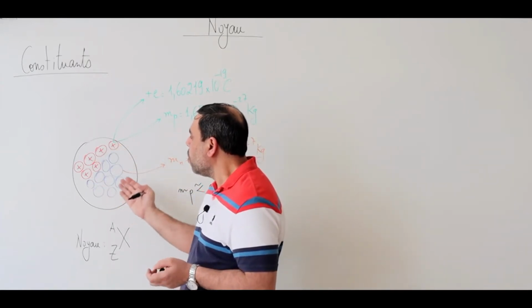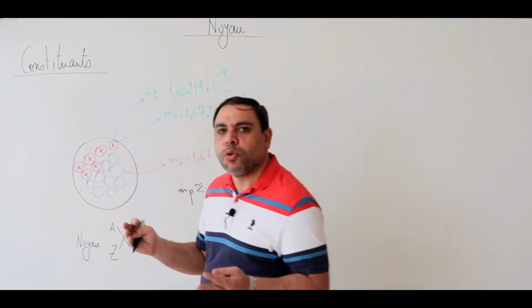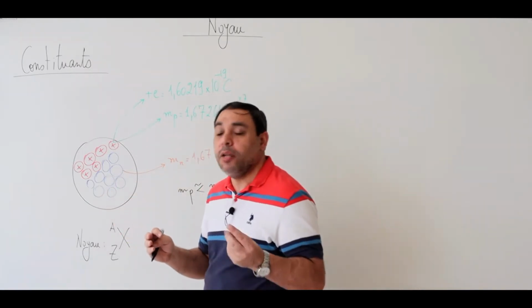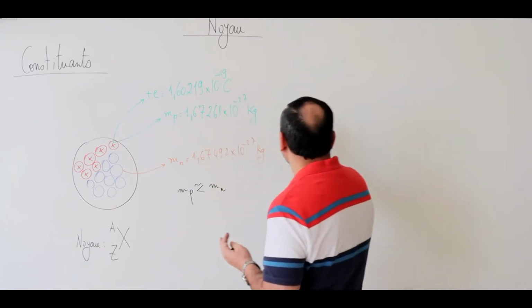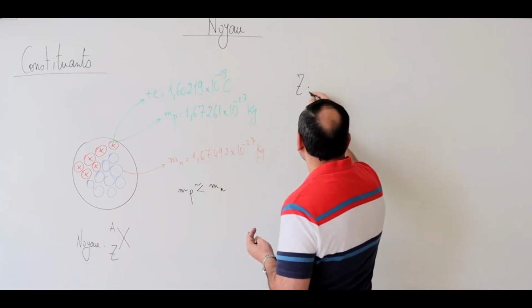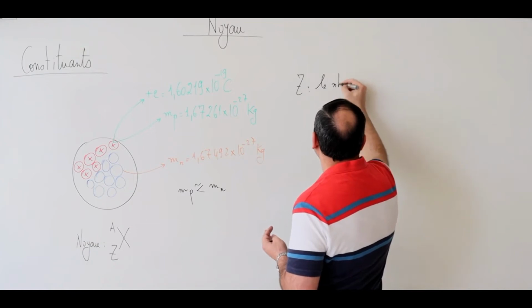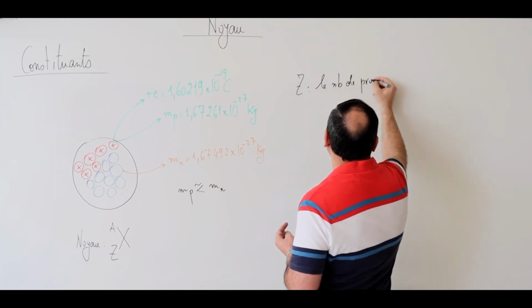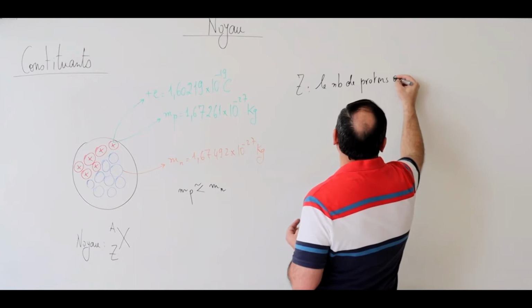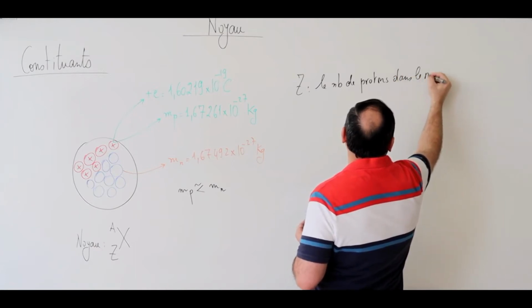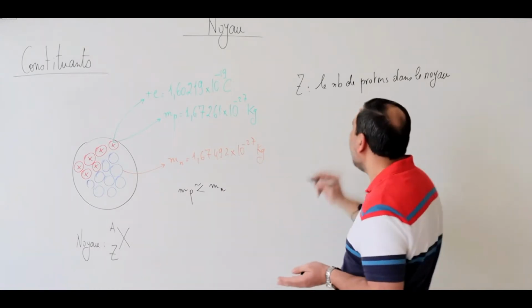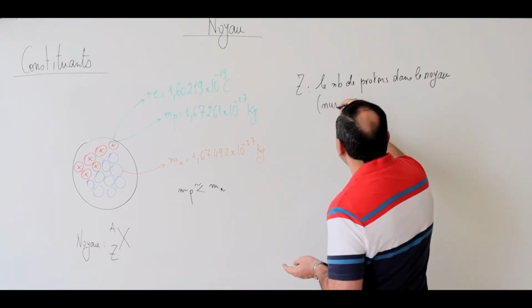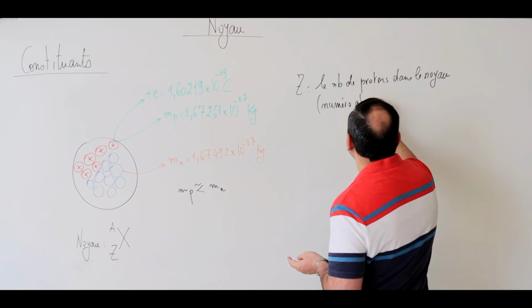Each nucleus contains a certain number of protons, denoted as Z. Z is the number of protons in the nucleus. We also call it the atomic number.